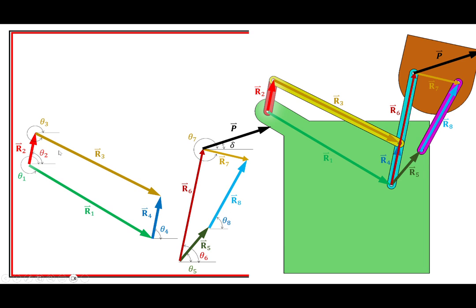So these are the conventions that I'm using. I'm continuing on with what was used in Norton. The only difference is that there's 2 4-bars now instead of just one.